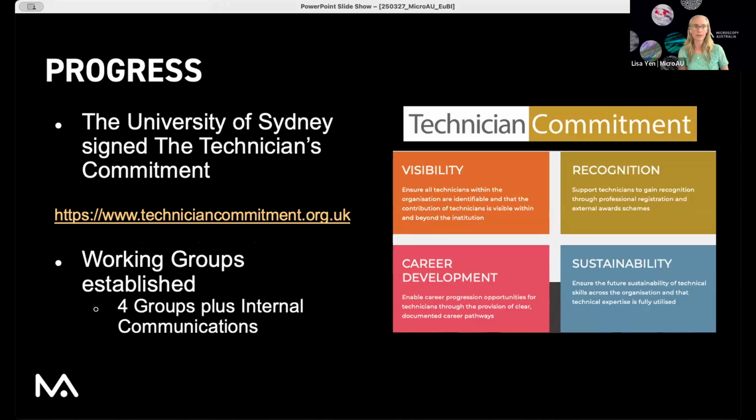We're currently going through the process of working out how to create action plans, what the institution's role could be, and what the technicians-for-technicians work will feed into that. Of course, imaging scientists are really just one part of that broader technicians community, but that is something I'm involved in at the University of Sydney.